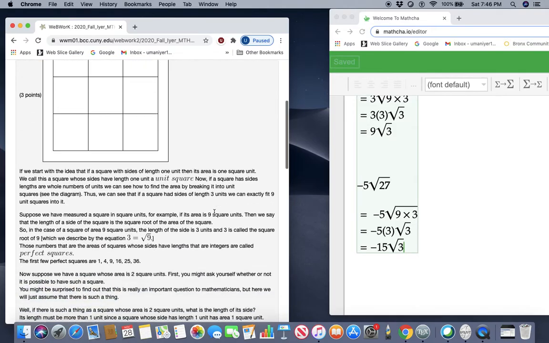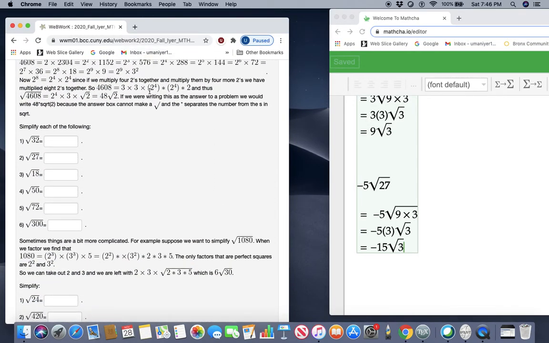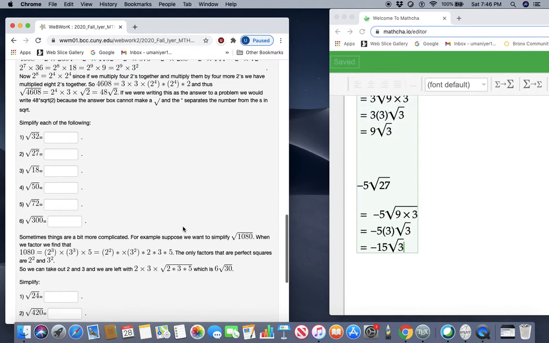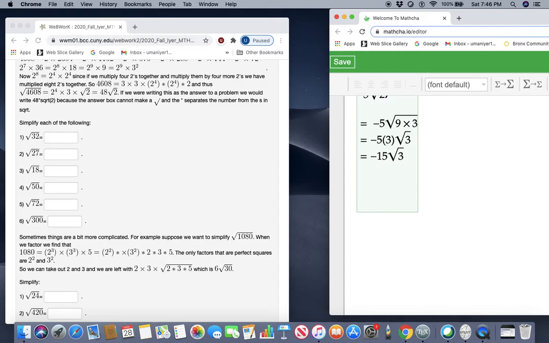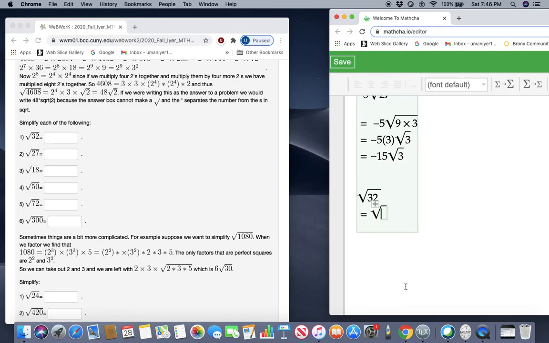All right. There is a lot of description. I don't need to go over it, but let's go over each of these questions. You have square root 32. Remember, the point is to extract as much as we can out of 32.